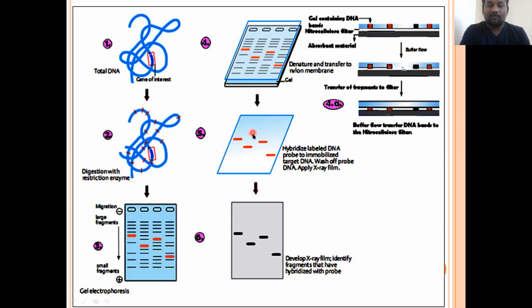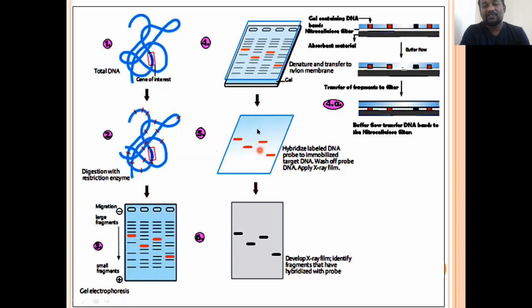Then the fourth step is hybridization. Here is the important principle involved in the blotting techniques. Hybridization or detection involves the binding of a specific probe to the particular DNA or RNA or protein of interest.